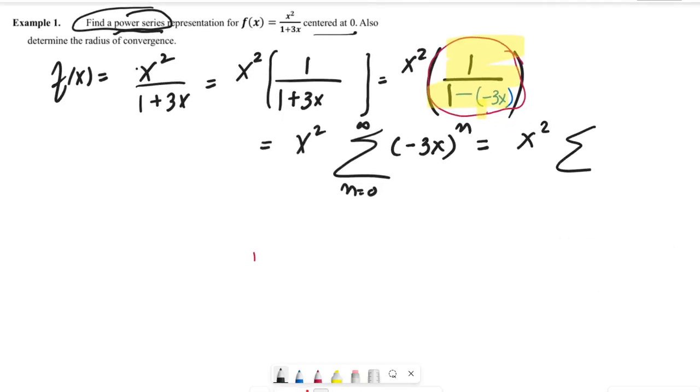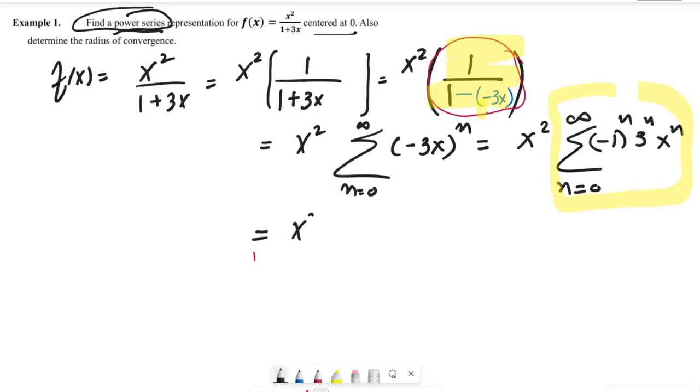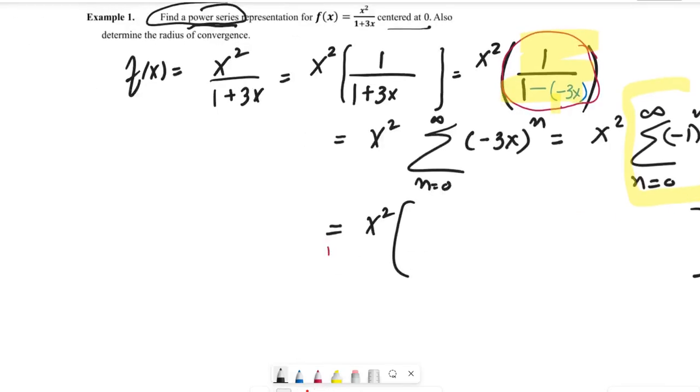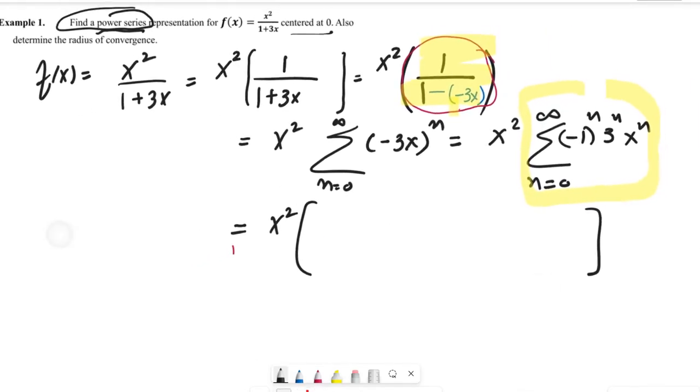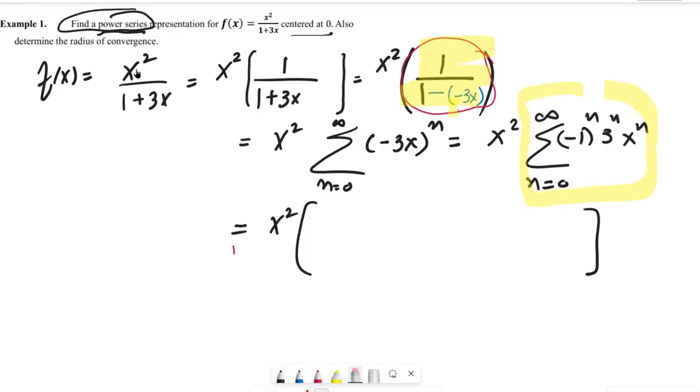Okay, let's expand it now. x squared is outside, sigma n from 0 to infinity, negative 1 to the power n, 3 to the power n, x to the power n. Although it looks like a very complicated sum, basically, you see what it is. This is x squared outside, and when you open it up, it's a sum of terms. So x squared will be multiplying with each of the terms inside.